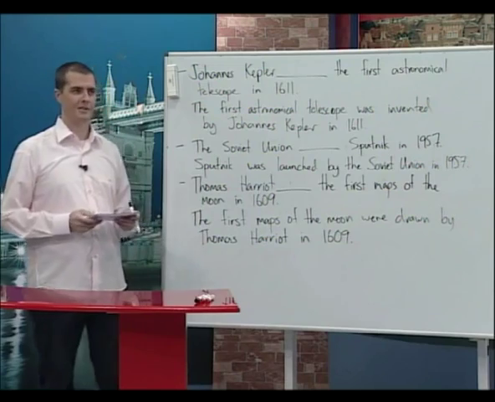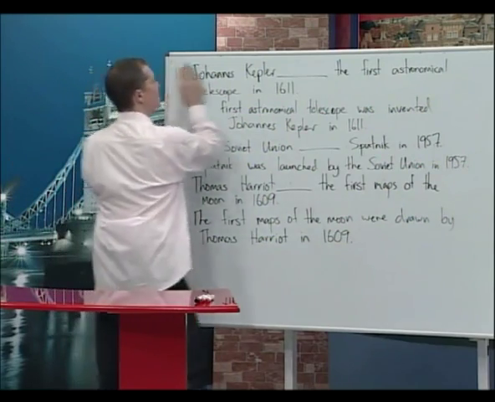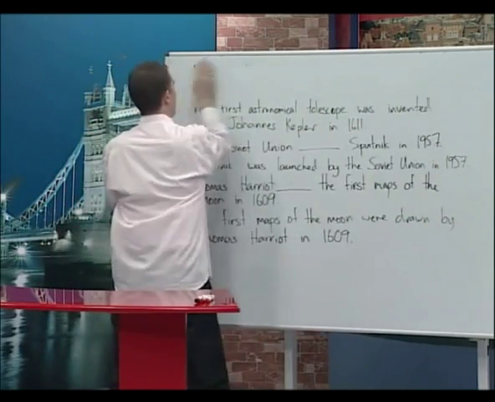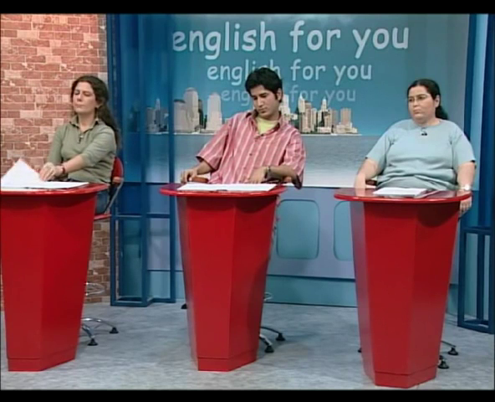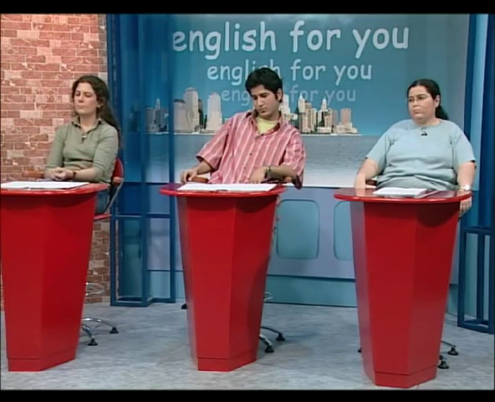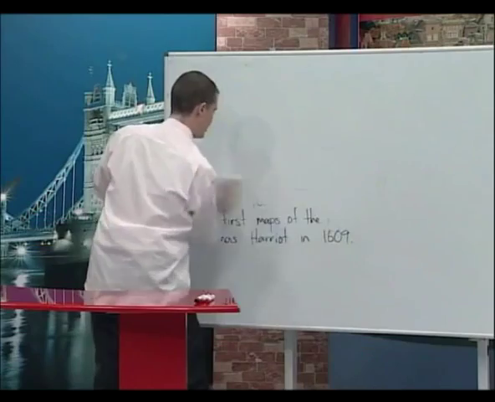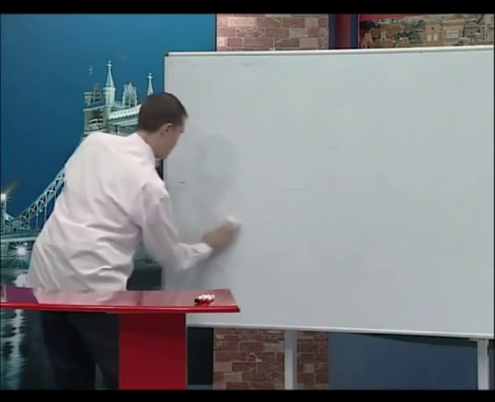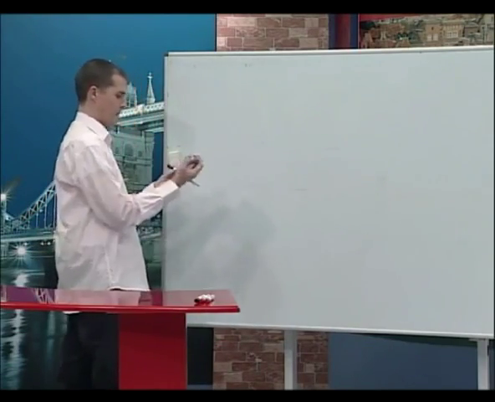Let's do another exercise, and we'll try something new this time. I'll write a sentence, and there'll be a mistake in the sentence, and you have to find the mistake and then correct it. And Rosa, you can do the first one.